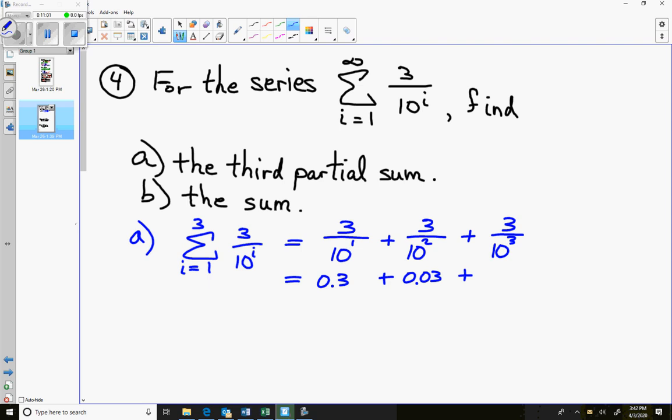And then 3 over 1,000, 0.003. And when I add those up, we get that answer right there. 333 thousandths is the third partial sum.